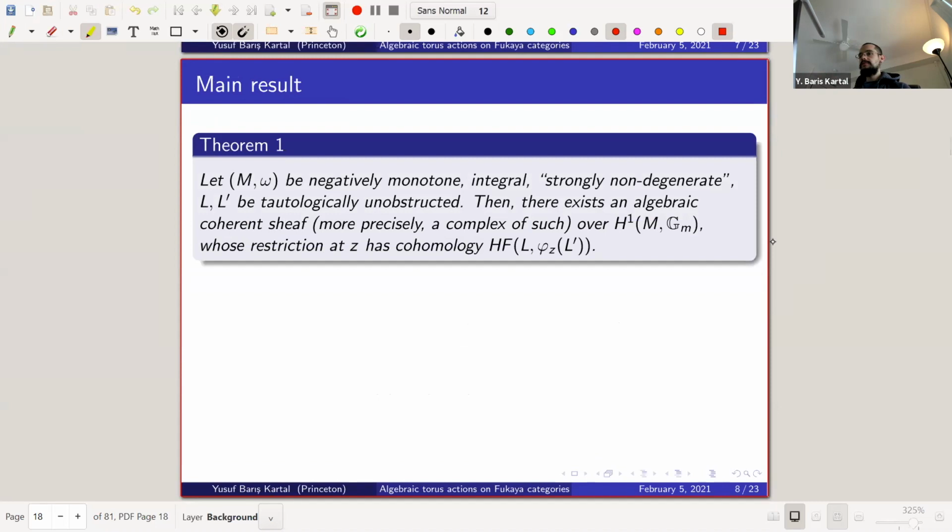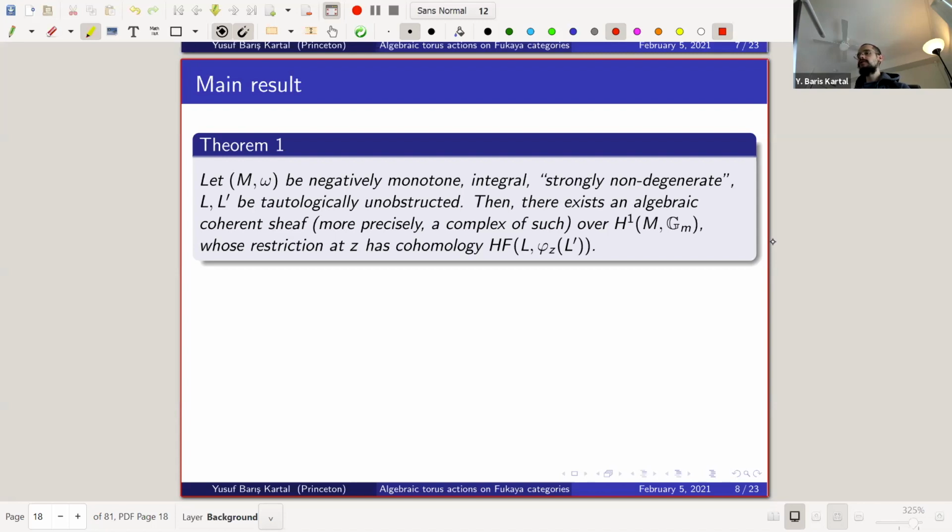So that brings us to Theorem 1. For today, I will assume M omega is negatively monotone and it is integral and strongly non-degenerate. Strongly non-degenerate is a term that I made up for the talk. I will explain what it means. And I assume L and L prime are tautologically unobstructed.